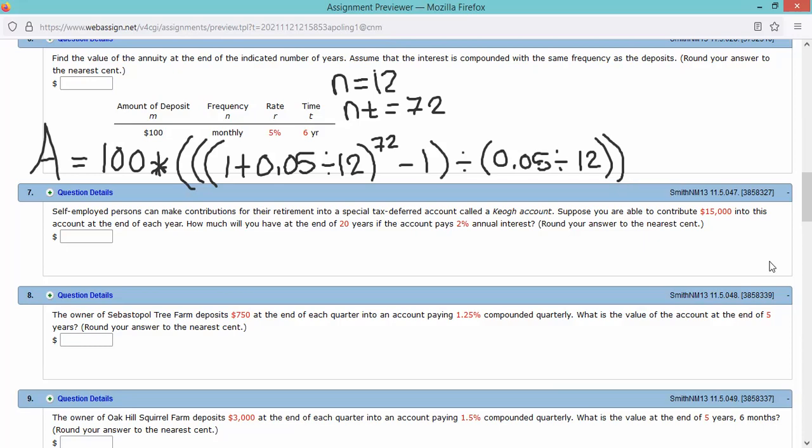Okay, so 100 times 1 plus... 8,376.43, rounding to the nearest cent.